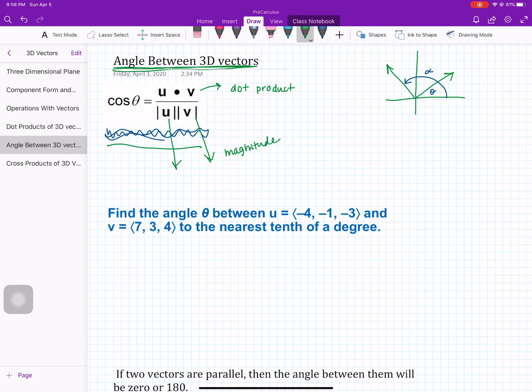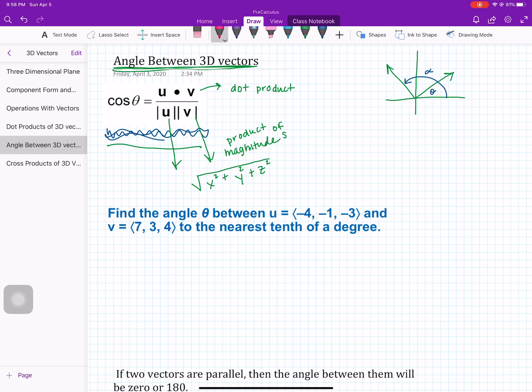And remember, your magnitude is just like the Pythagorean theorem. You square all of the components. I guess we should put x and y here instead of a, b, and c. X squared plus y squared, and you do the square root.